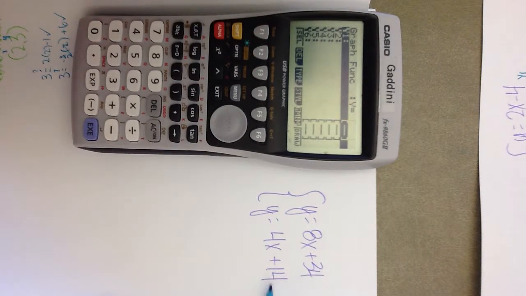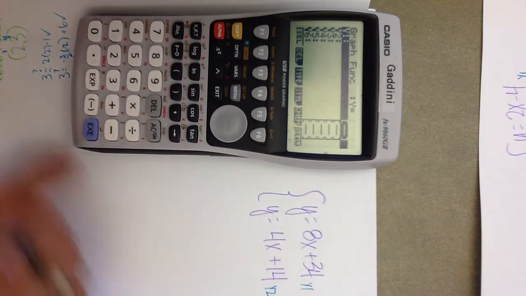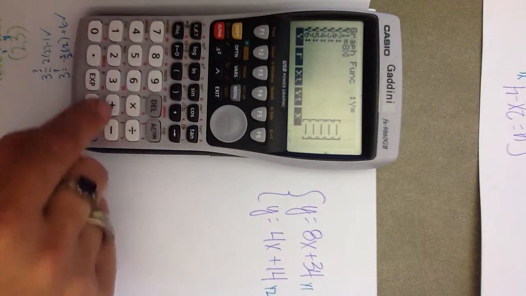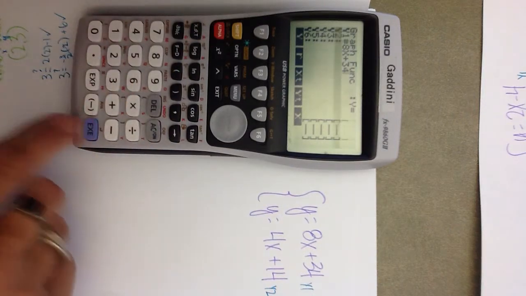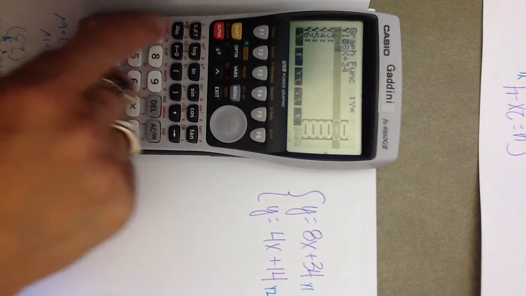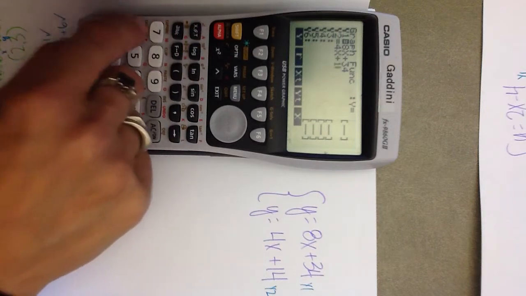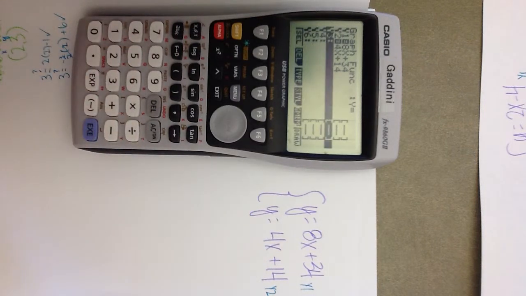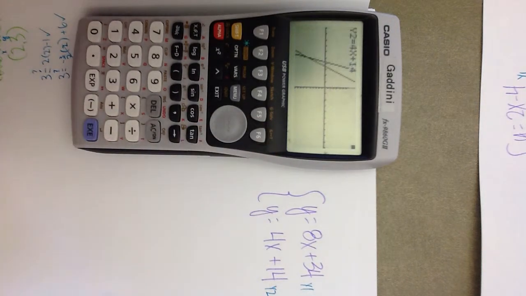When I look at these two equations that I'm going to put into my y1 and y2, I'm kind of afraid that they're not going to fit in that viewing window, but let's put them in and see what happens. So I'm going to type 8x plus 34, execute, and 4x plus 14, execute. And this time I'm going to make sure I typed them right so I don't get some kind of funky answer. All right, looks good. F6 to draw.